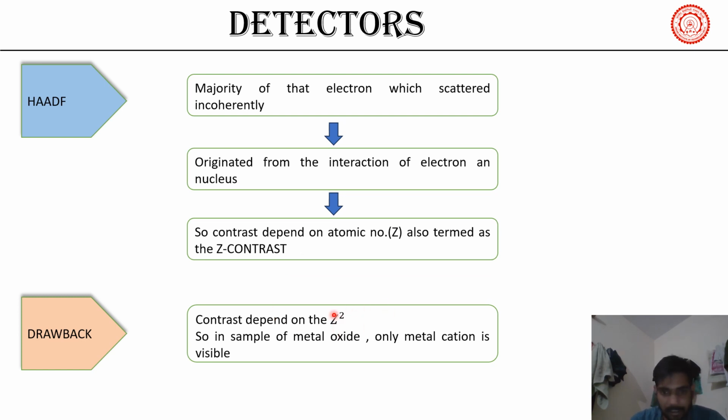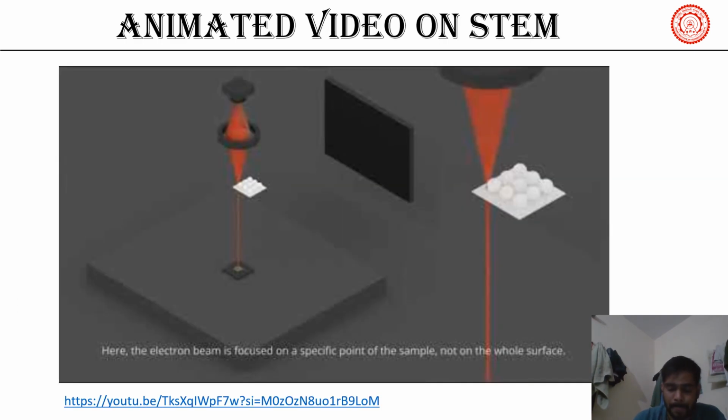So in our image we get more data about the metal and not about the oxygen portion. So this is the drawback, that intensity and contrast depend on the square of the atomic number. This is an animated video on STEM.